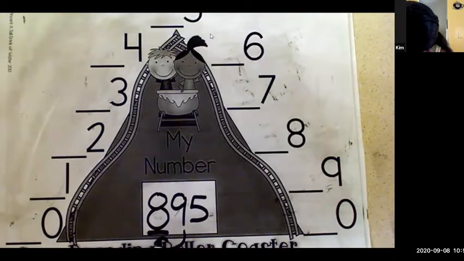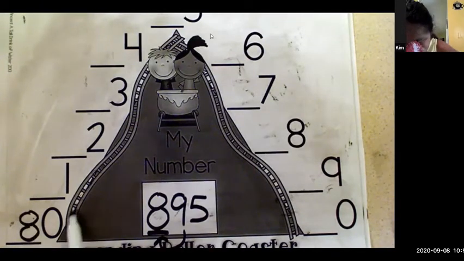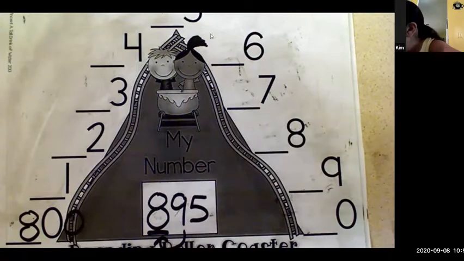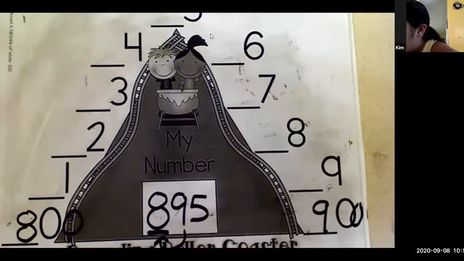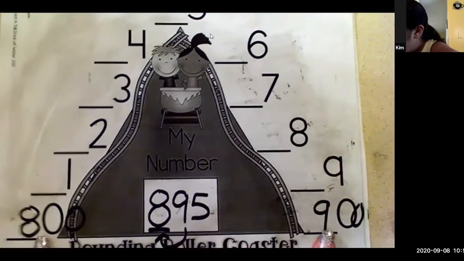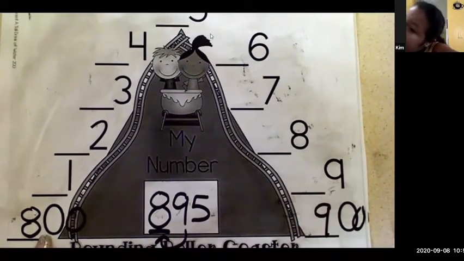I say the first benchmark number when I say the name of this given number, 895. So our first hundred benchmark is 800. I know when counting by hundreds, after 800 comes 900. So my two benchmark numbers are 800 and 900.